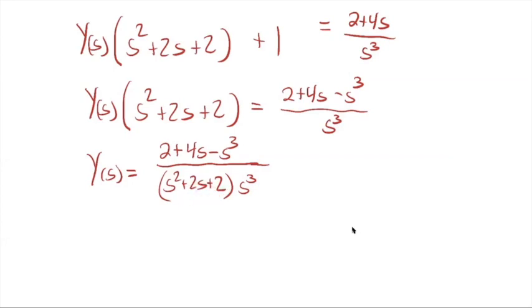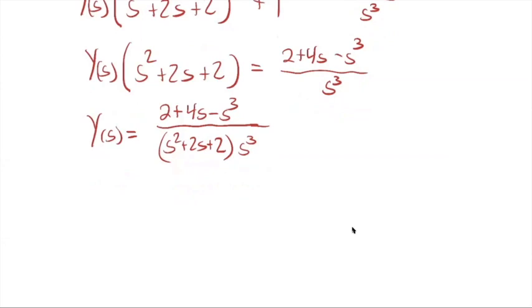So if I'm doing the inverse Laplace transform, before I do that, I'm going to do some partial fraction decomposition. So these are going to be my factors that go into this common denominator.